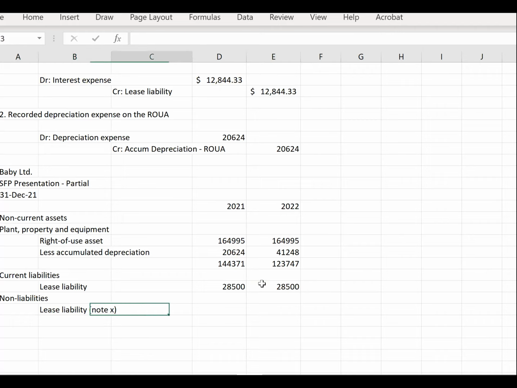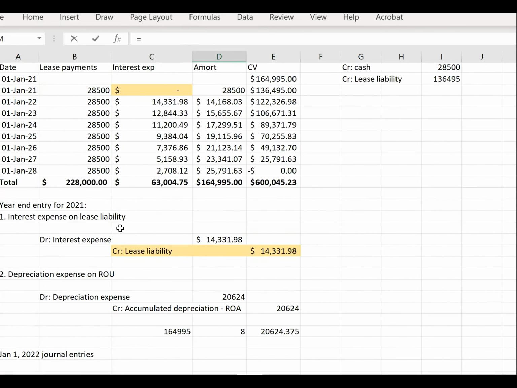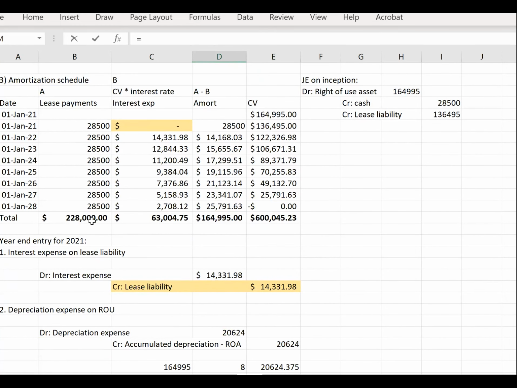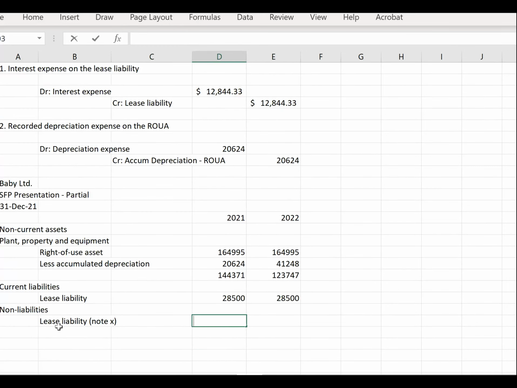Now, the rest of the lease is going to be everything other than that payment. So in 2021, we've got this many payments left. So we've got 228 minus one payment of this. So we would have had, that's not right, 122, 327 left.